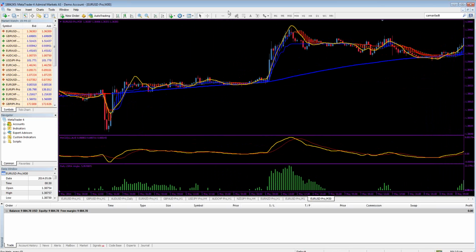Use your common sense here too. The price is within range. Okay? The trend is, it's ranging. But in this example, you can see that the range has been broken here.